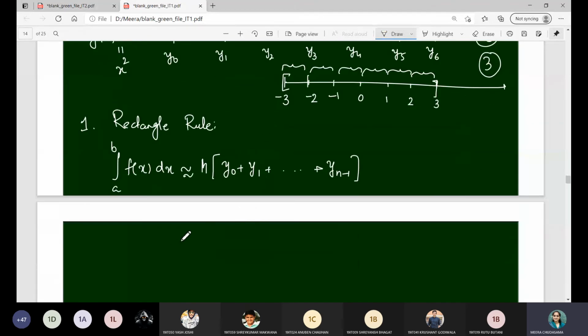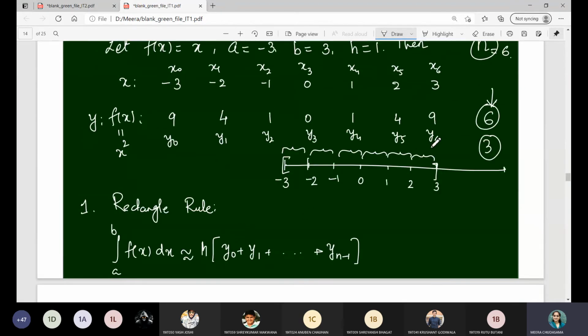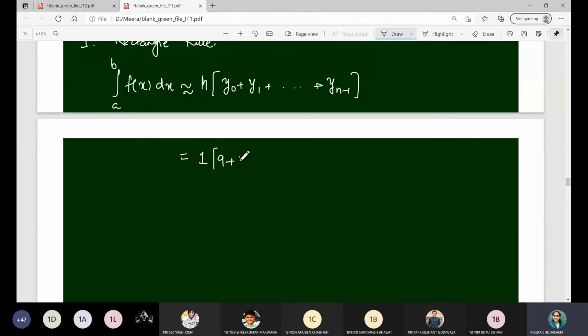So let us substitute the values over here. H is 1, our step size. y0 up to yn minus 1, this is yn, the last point is yn, so this is yn minus 1, y5. So we have to consider the sum of all these quantities with h multiplication. So 9 plus 4 plus 1 plus 0 plus 1 plus 4, we can't consider 9, that is the end point. yn, हमें yn minus 1 तक ही जाना है. तो what is the simplification?